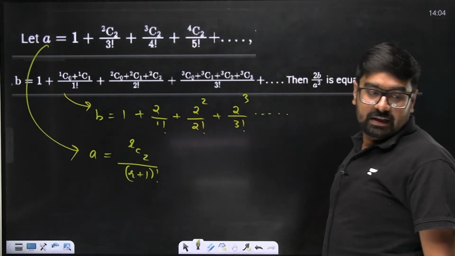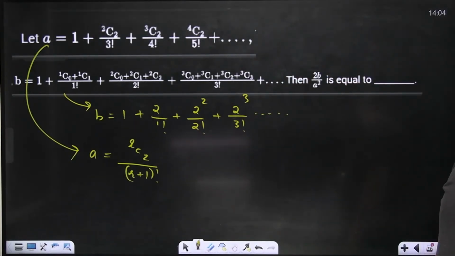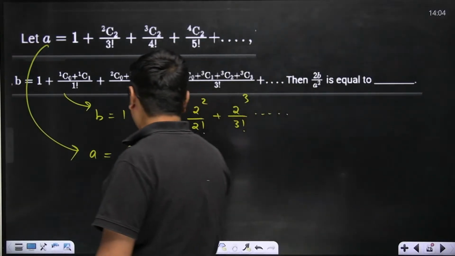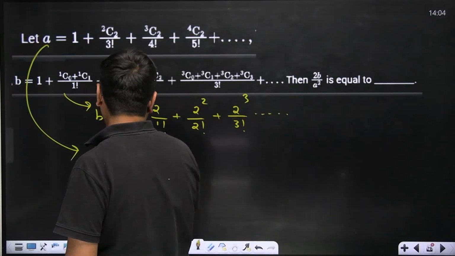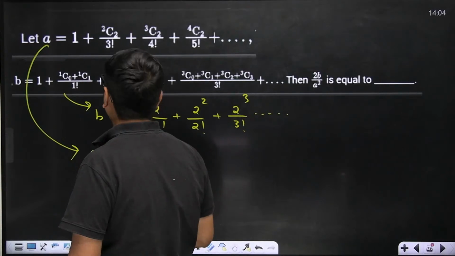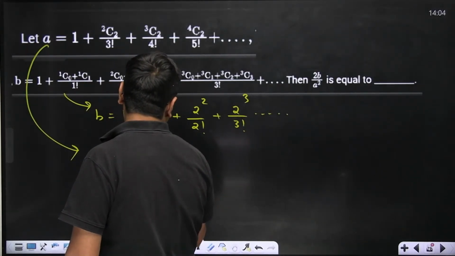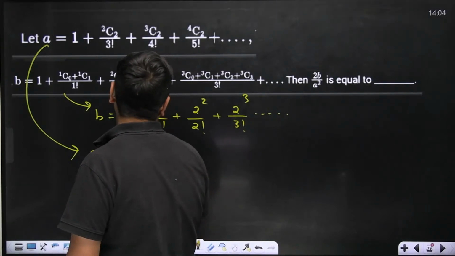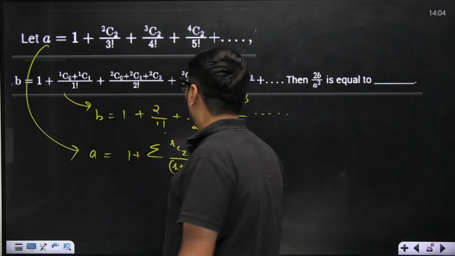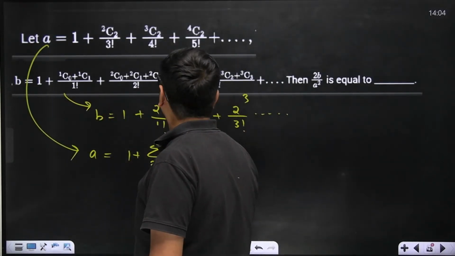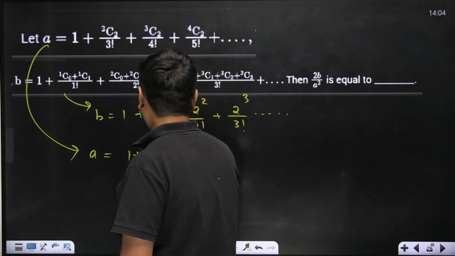This is the general term that we have. 1 plus this series is what we are having. Or let me write it like this, 1 plus summation of RC2 divided by r plus 1 factorial, and r is starting from 2 to some n, right?